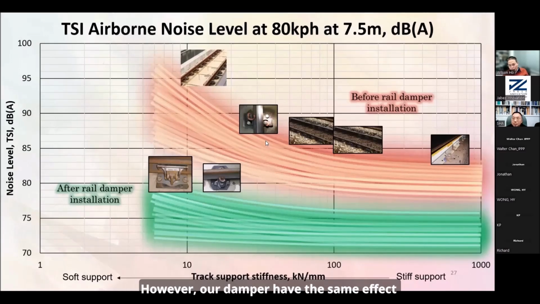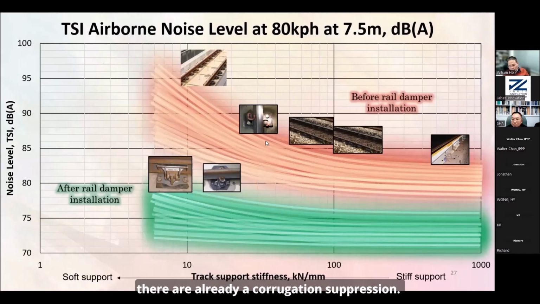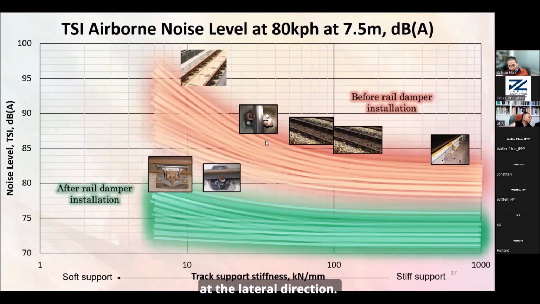However, our damper has the same effect vertically and laterally. So when the first damper was installed on the Kwun Tong line in 2010, it was unexpected that the corrugation was suppressed. We did not expect to have corrugation suppression in the first installation. This is due to the vibration absorption in the lateral direction.